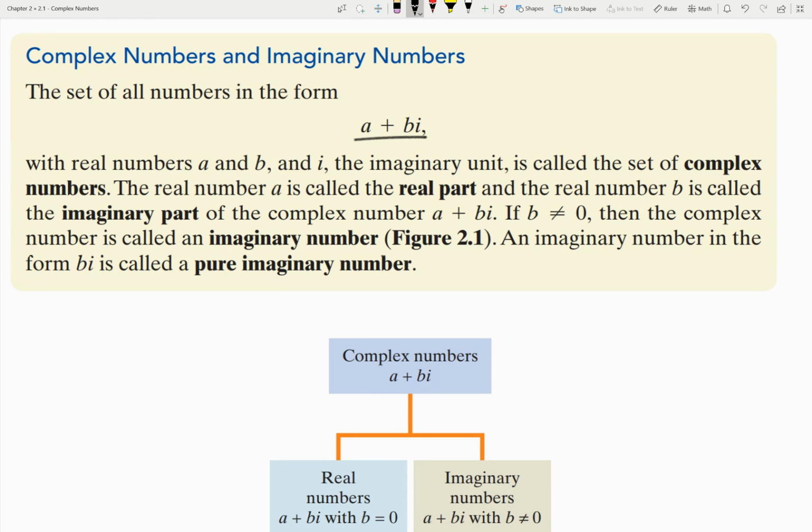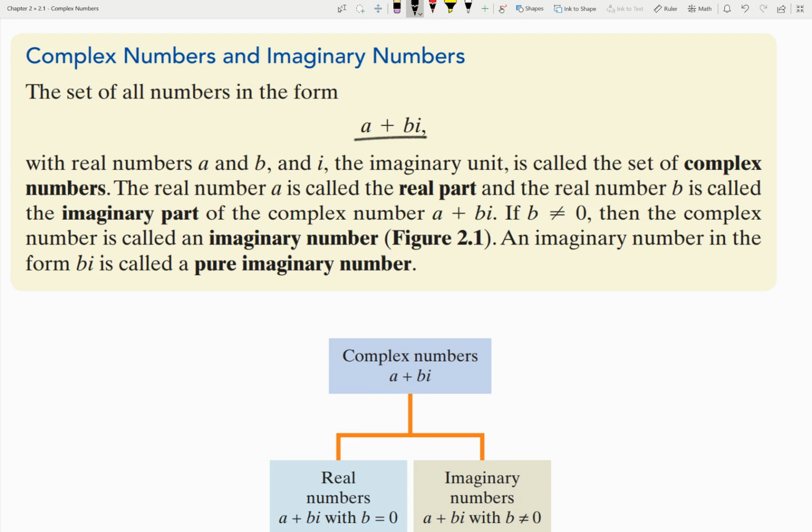We're expanding our definition of types of numbers. Before, we really just had a classification for real numbers, which could be rational or irrational, and rational numbers could be natural, whole, integers, all those different classifications. Now we're expanding that definition with complex numbers.